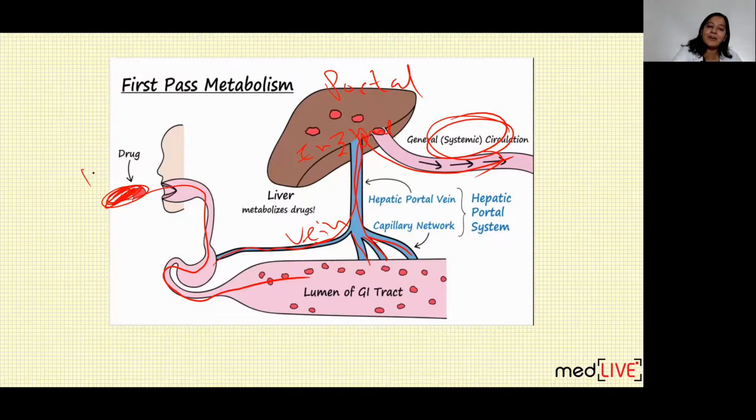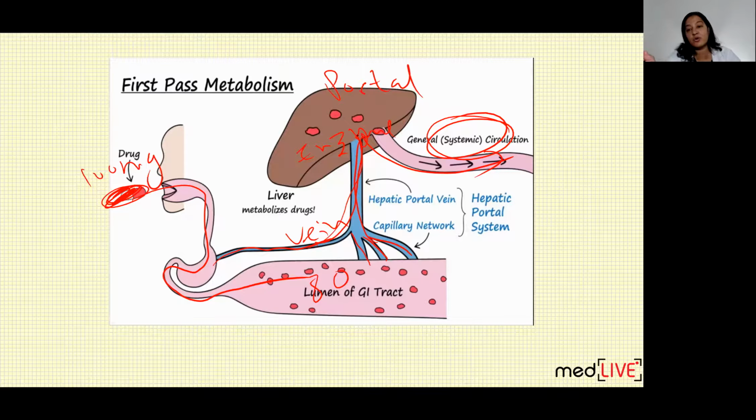You have given 100 milligram, out of which only 90 is dissolved. 10% is not dissolved. Out of 90, only 80 is absorbed. 10% is excreted in feces. Just for the sake of understanding, out of 100, 10% is lost in dissolution and another 10% is lost in absorption. Now suppose this 80% is absorbed and reaches the liver.